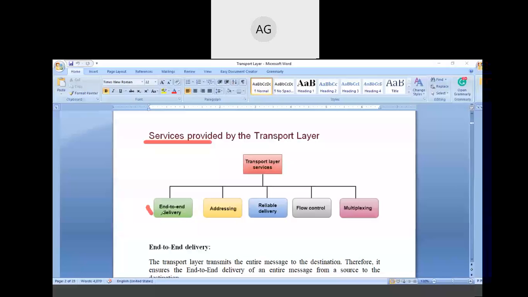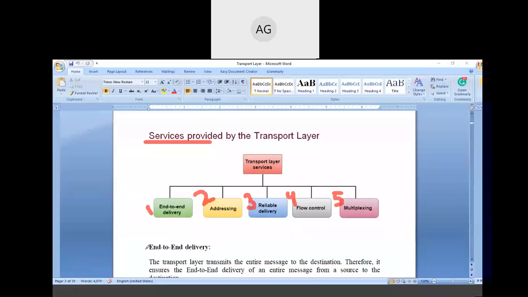The second is addressing. The third is reliable delivery from sender to receiver. The fourth is flow control, basically at the receiver's end, and fifth is multiplexing. We already discussed in unit 2 what we mean by multiplexing. So these are the main five services provided by the transport layer. Let us discuss each of these services one by one.